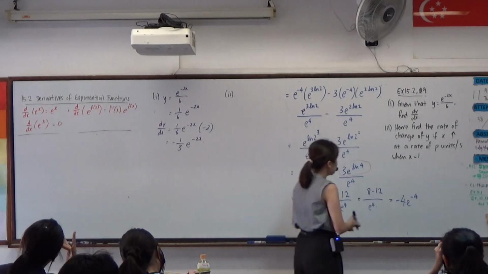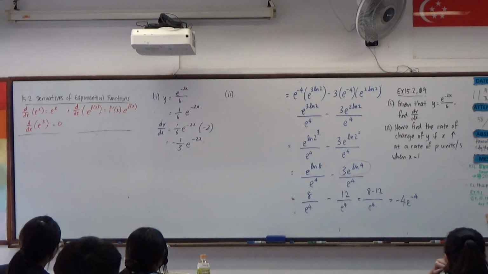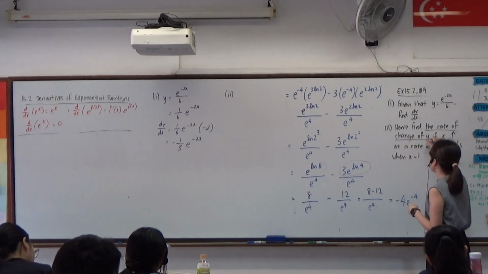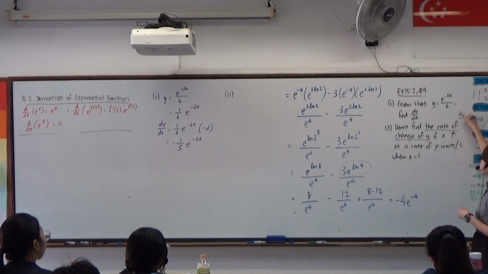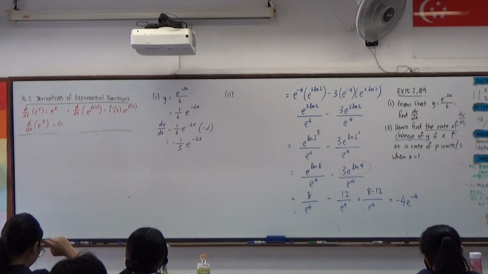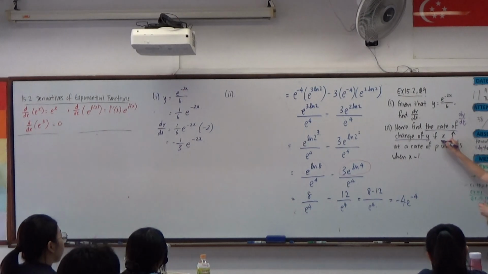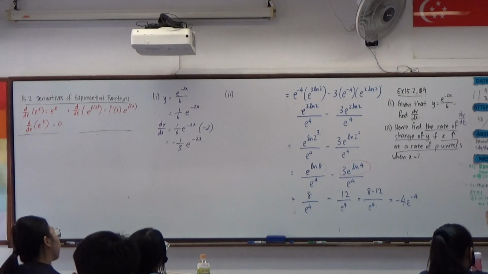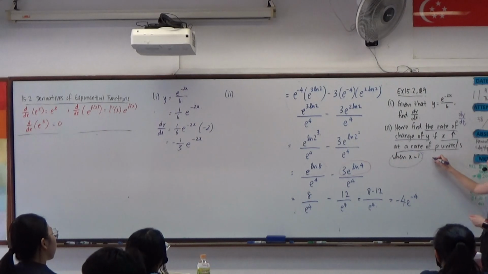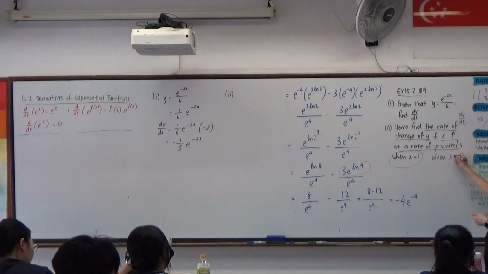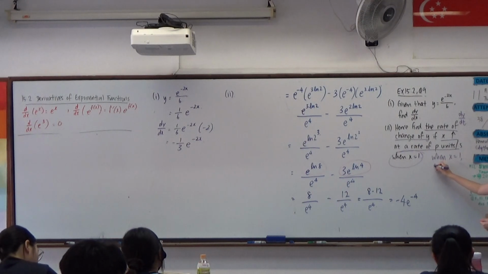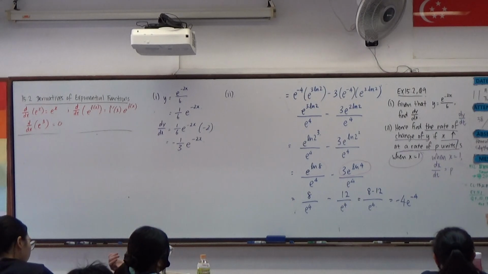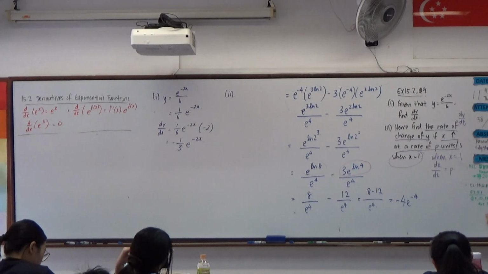Then in part 2, it says hence find the rate of change of y. That means that we are trying to find out what is dy over dt. And given that x is increasing at a certain rate, which is p units per second, so that means that when x equals 1, we know that dx over dt is given to be p units per second.